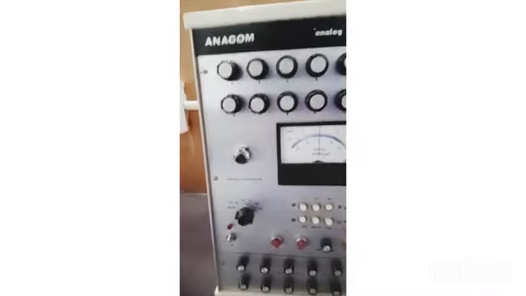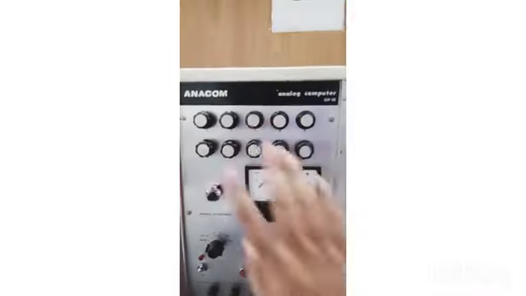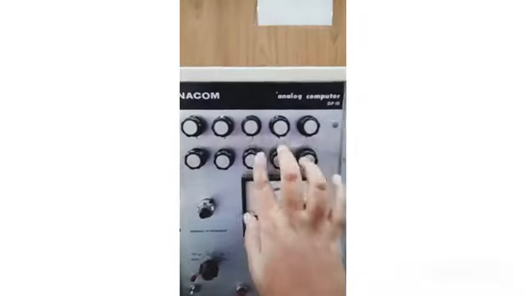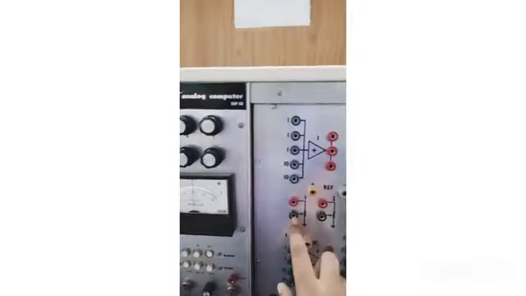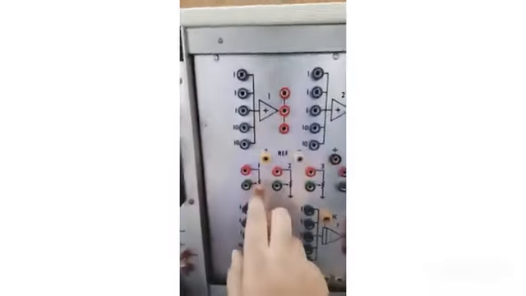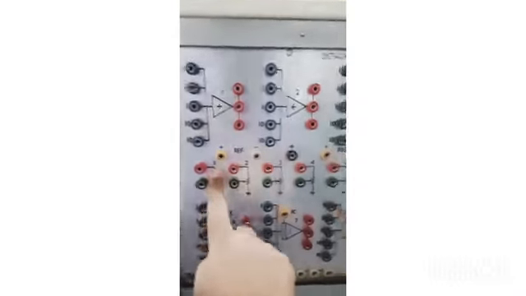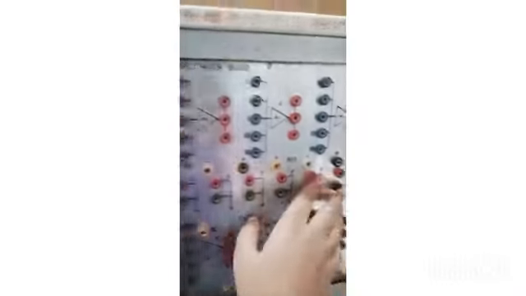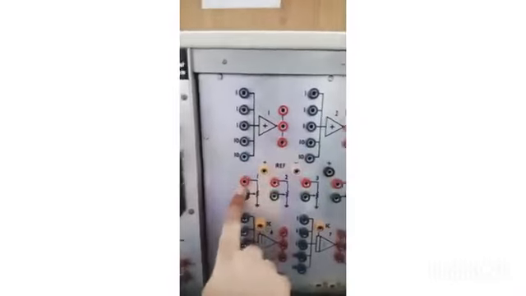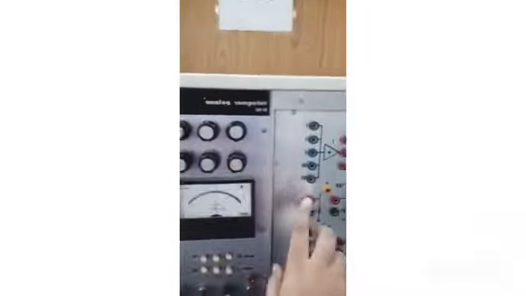If we talk about system description, here are 10 knobs, and these 10 knobs are for the coefficient potentiometers. As you can see, from here to here there are 10 coefficient potentiometers. So these 10 knobs are for this.